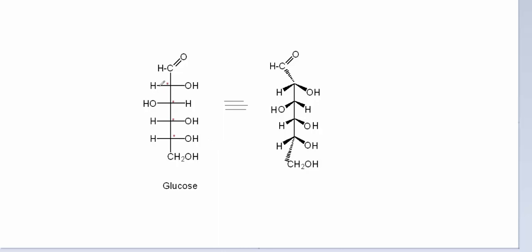So you see this H and the OH on the horizontal line segment. In the 3D wedge version, there are wedges pointing toward the viewer. That's true for all of the groups attached to the horizontal line segments. They all point toward the viewer.